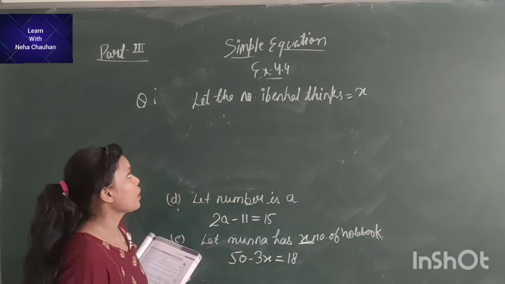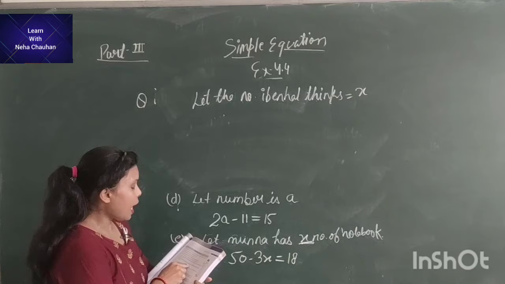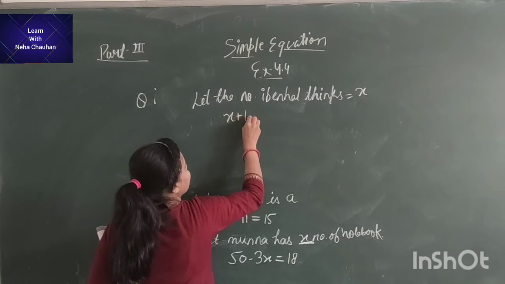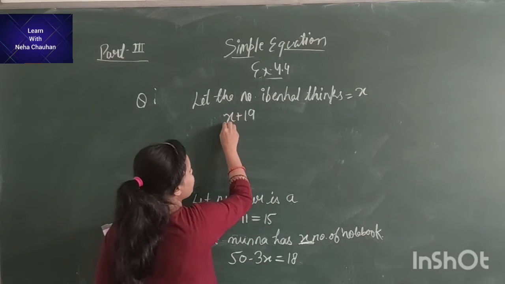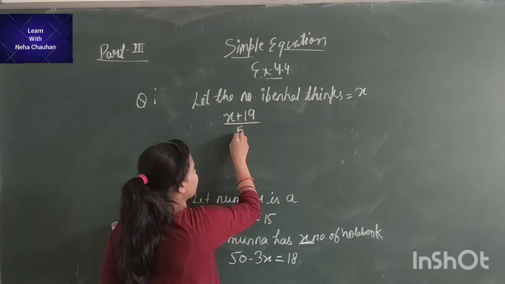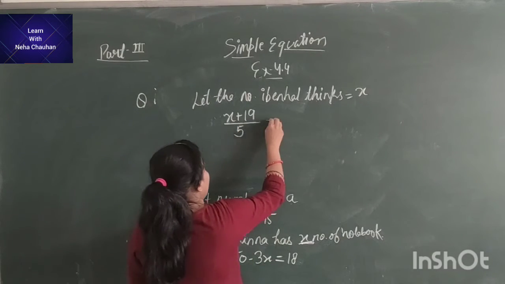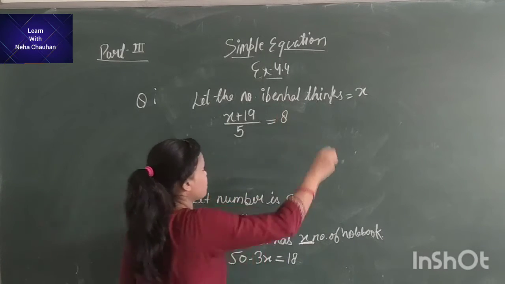If she adds 19 to it, and the sum is divided by 5, she gets the answer 8.